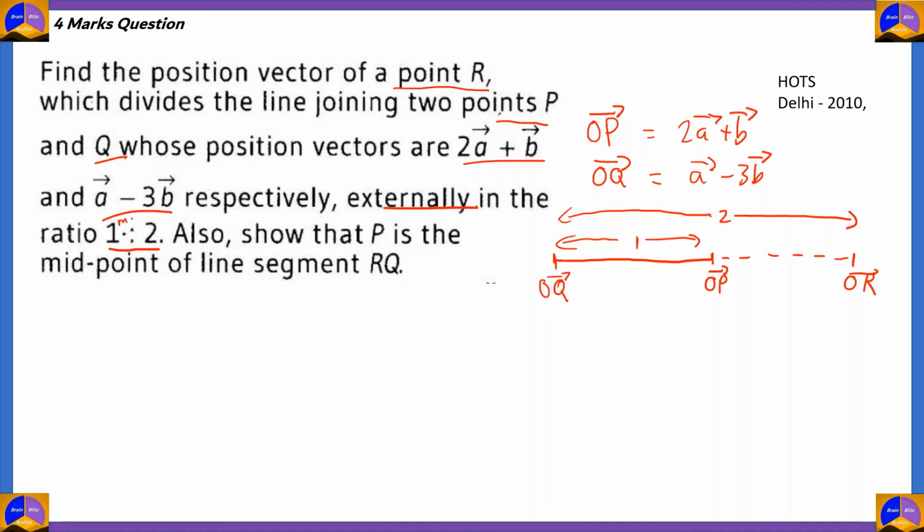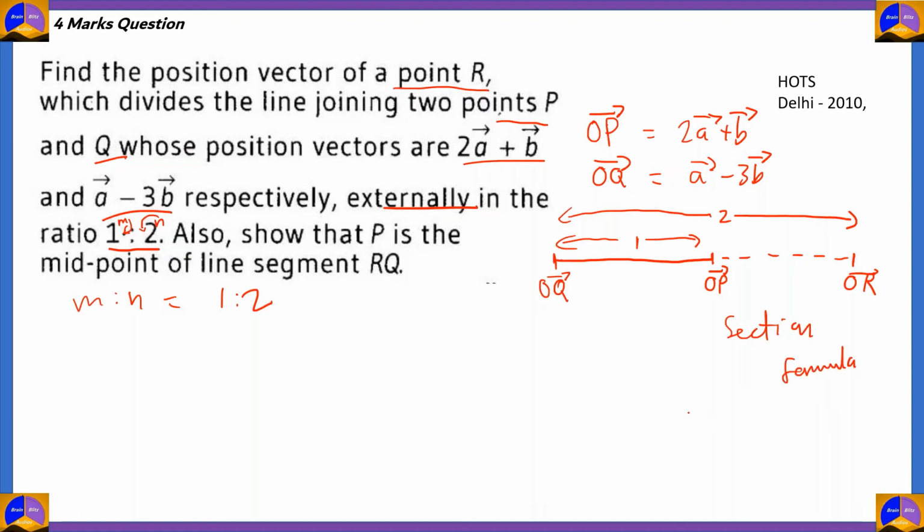And by the way, M is 1 and N is 2. So M is to N is equal to 1:2. So how do we solve this question? We solve it using the section formula.